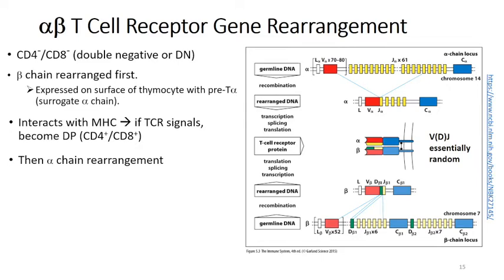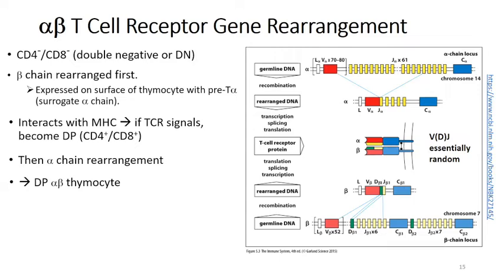If that's successful, then you do alpha chain rearrangement. That's tested, of course, and that's functional. You then lose the surrogate alpha chain. It's just a chaperone that allows it to reach the cell surface.